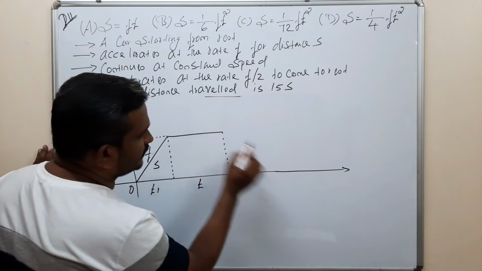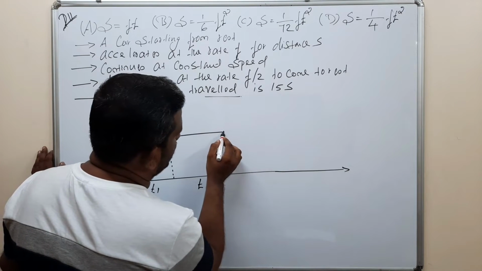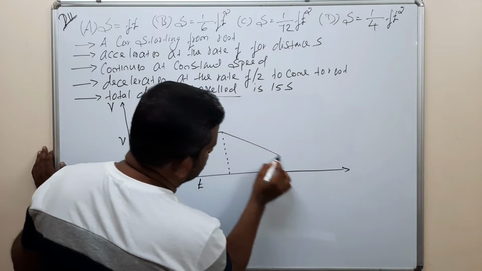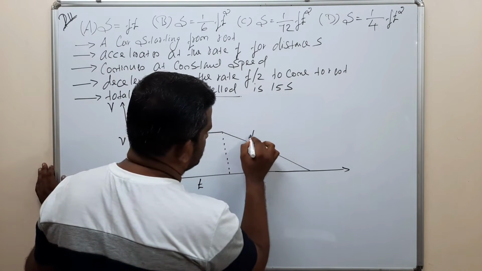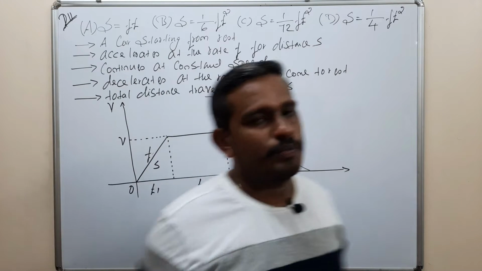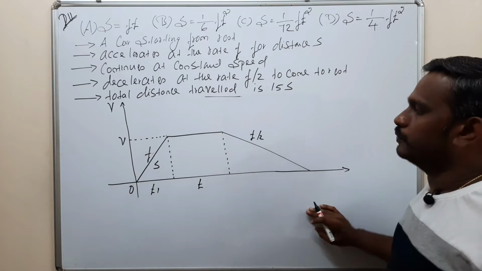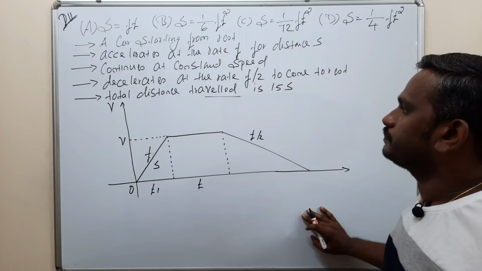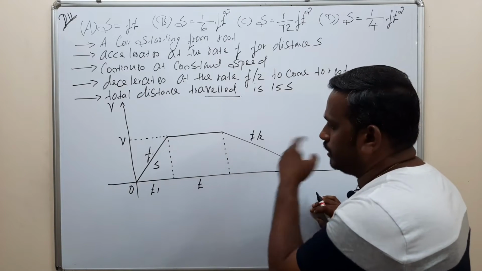After that the car starts to decelerate with a constant deceleration f by 2 and comes to rest. The constant deceleration is f by 2, so the slope is double the slope of the first slope.